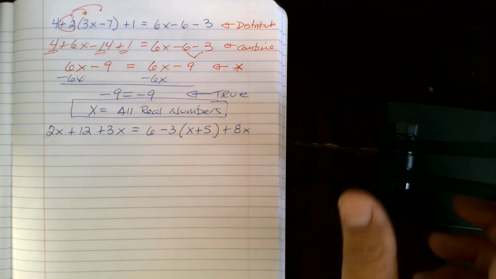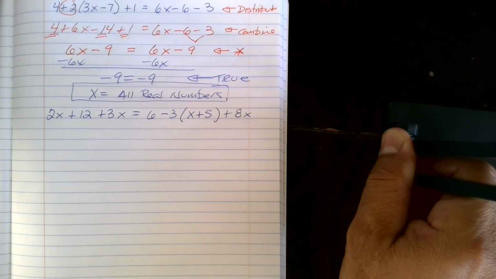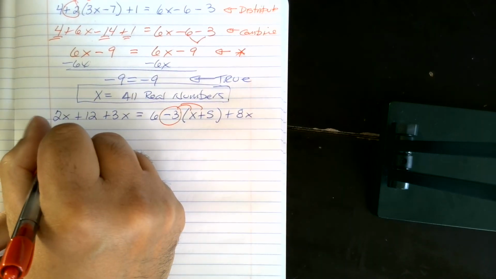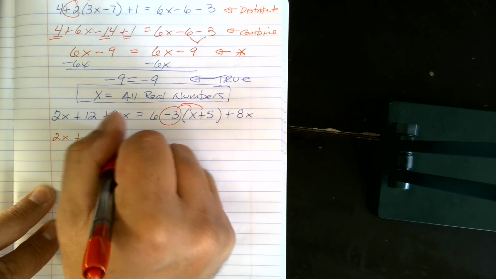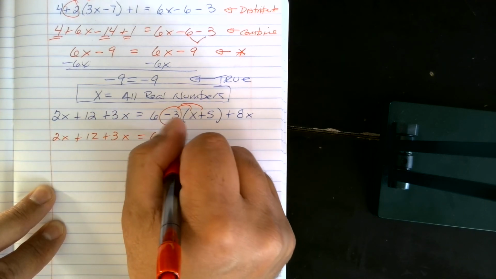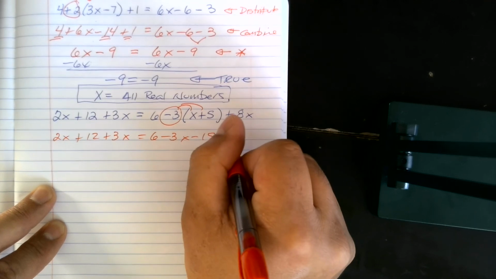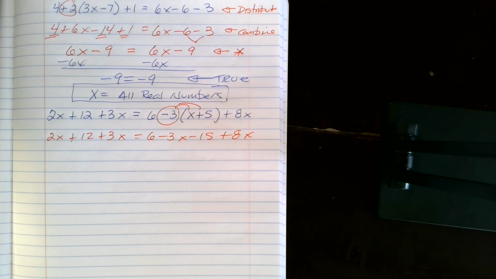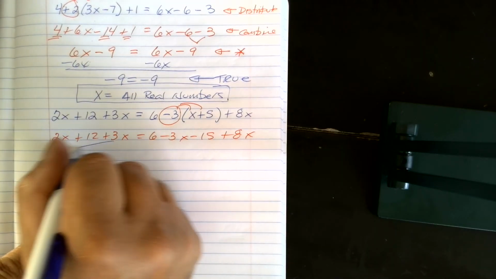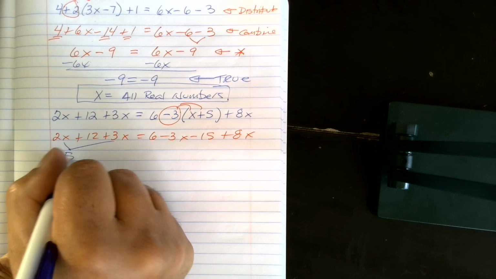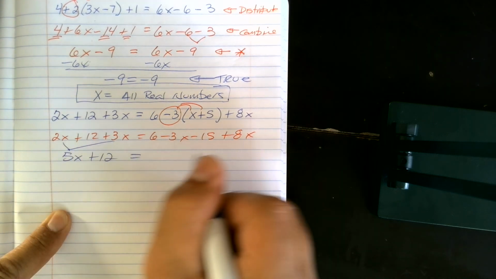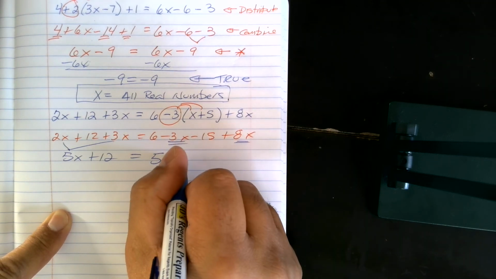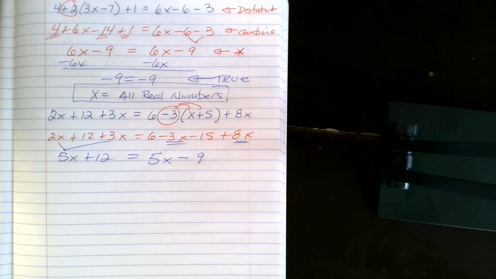In this next example, I want to distribute my negative 3. So I'm going to have a 2x plus 12 plus 3x is equal to 6 minus 3x minus 15 plus 8x. I want to combine my like terms. Here I have a 3x and a 2x. 5x plus 12 is equal to 5x minus 9.